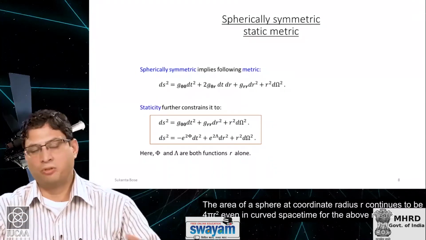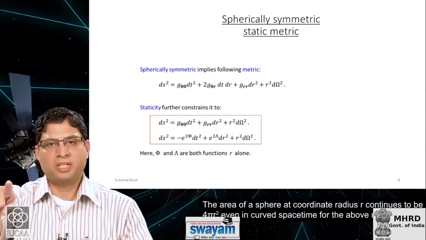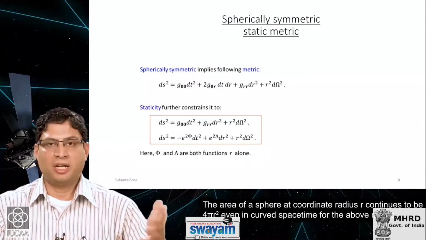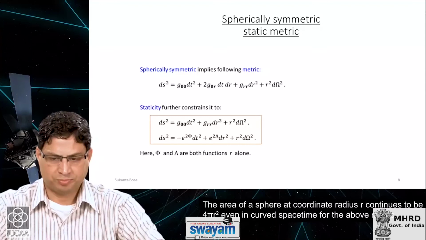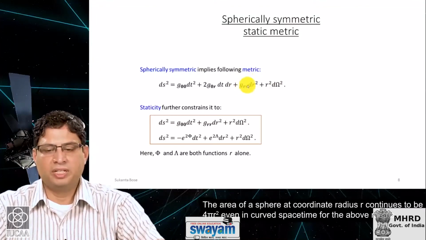So spherical symmetry, it doesn't matter where you choose to set φ equal to 0, but once you have set it, you go around a value of 2π radians, and in every direction the space-time looks the same. But the component of dr can be something different.